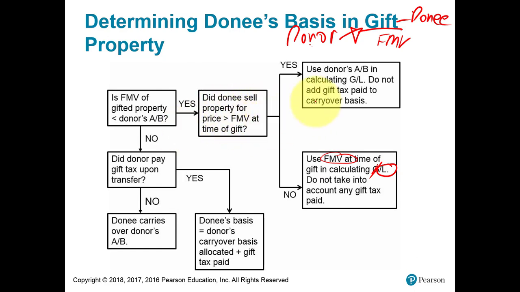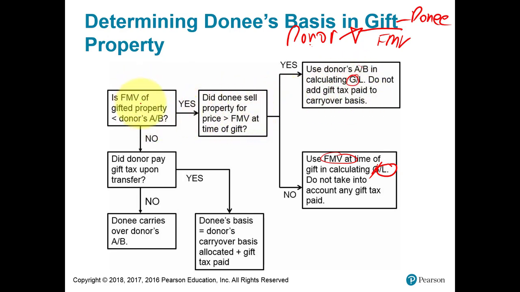So let's go the other way here, which is a little bit more tricky. It's gone down in value at the date of the gift, but it's gone up in value since the time the donee received that gift. So here it says now you're going to use the adjusted basis of the donor to figure out the gain to the donee.